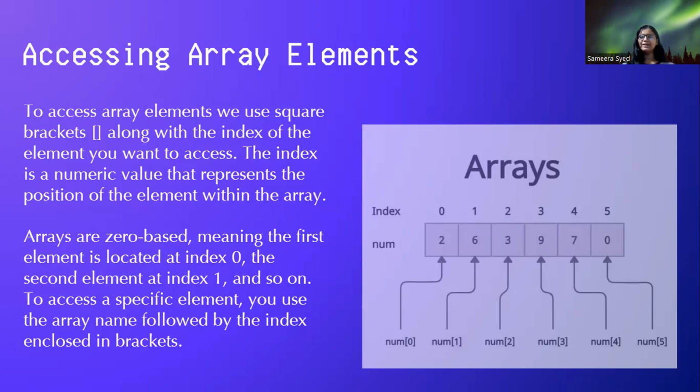To access a specific element, you use the array name followed by the index enclosed in brackets. You can see the representation of the arrays on the right side of the screen, starting with index number 0 and going up to index number 5.